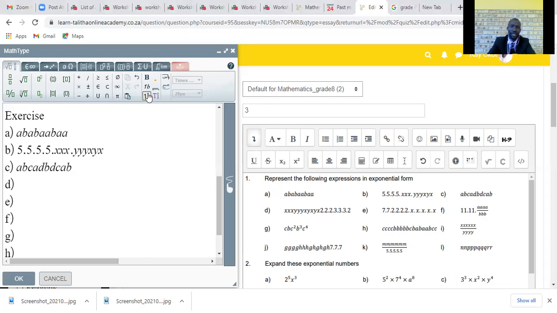All right, let's first write D. D in this case is, let's see, x, x, x, then y, y, y, then x, then y, then x, then y, then x, then 2 times 2 times 2 times 3 times 3 times 3 times 2.